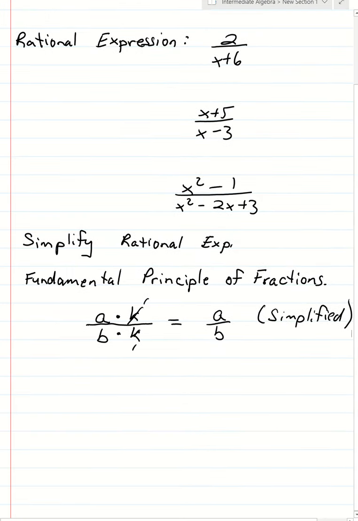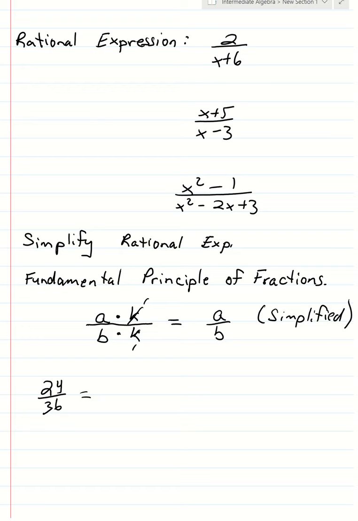For example, let's say we had the fraction 24/36. Here we have a numerical fraction, a rational number, and we want to simplify this. What we're going to do is come up with factors of 24 and factors of 36.